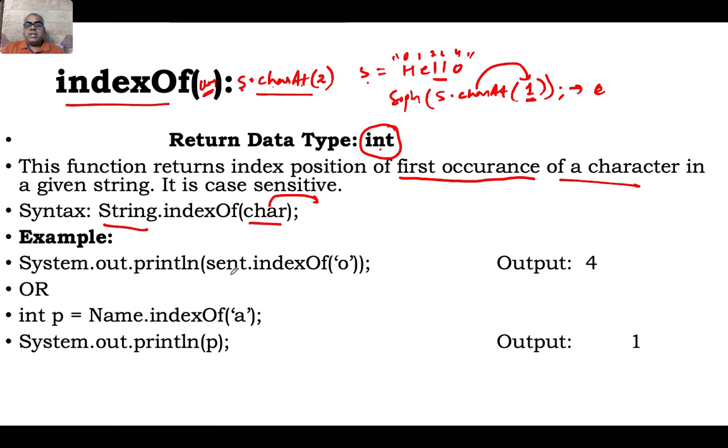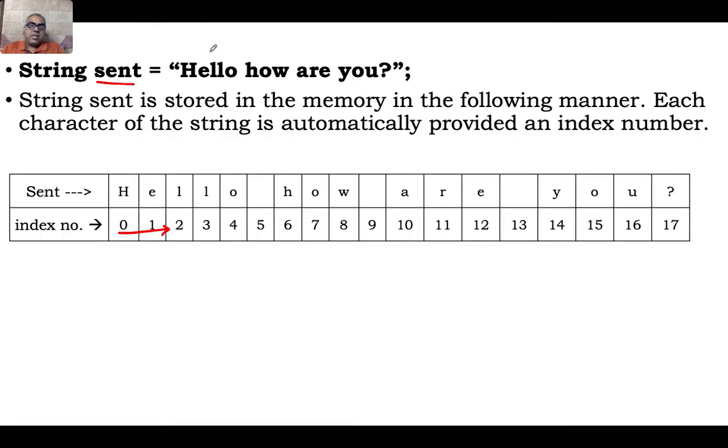Now let us say I say sent.indexOf('o'). If you look at hello, how are you, o is at index 4 the first time. There is another o over here, but this is my first o, at index position 4.